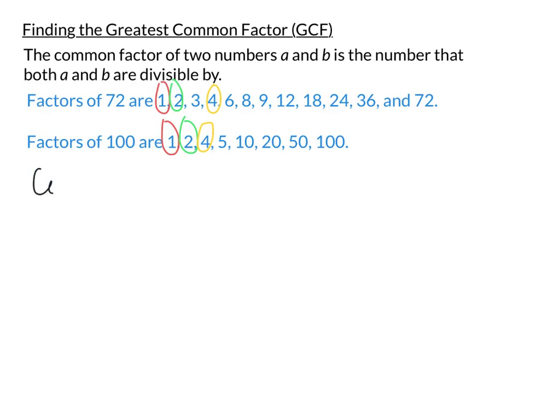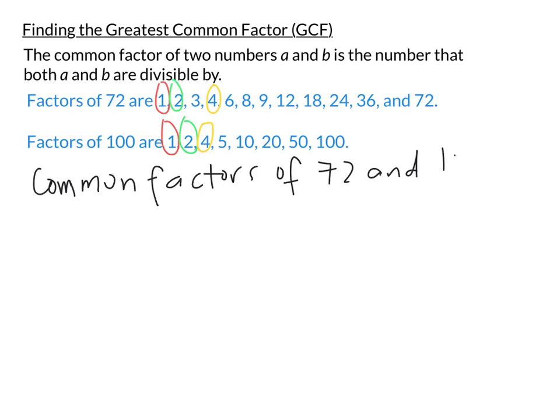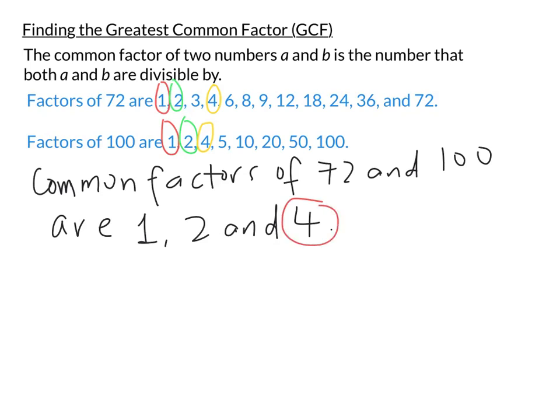So from here you can see that the common factors of 72 and 100 are 1, 2, and 4. Out of these three numbers, the greatest value, or the largest number, is 4.